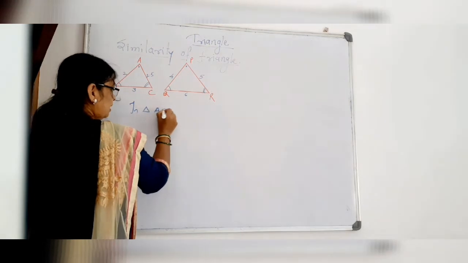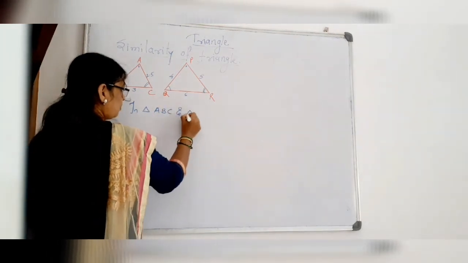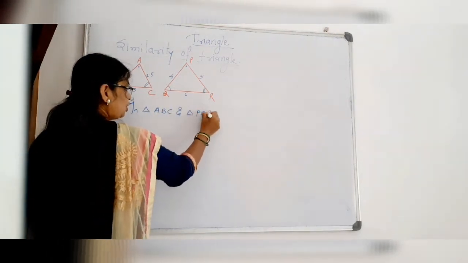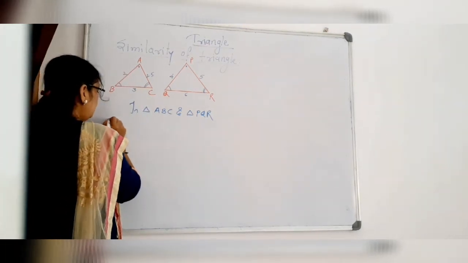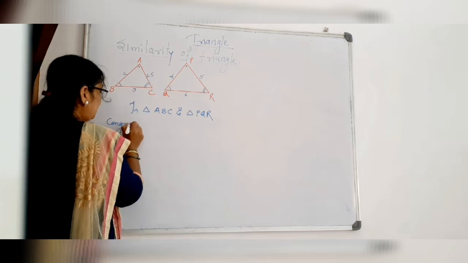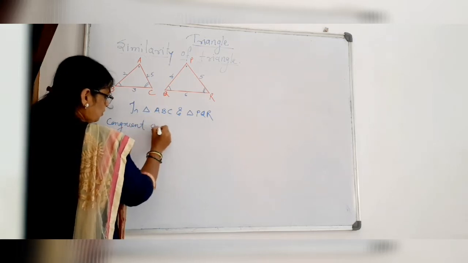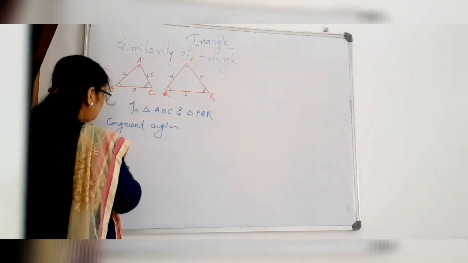Triangle ABC and triangle PQR. Now see here, what is given? Congruent angles. Which are the congruent angles?